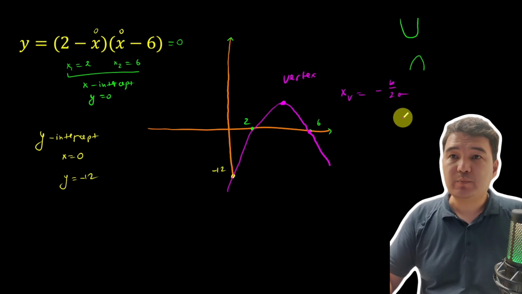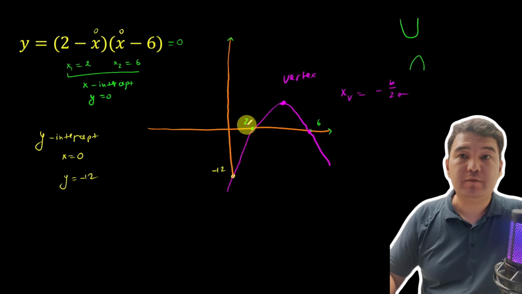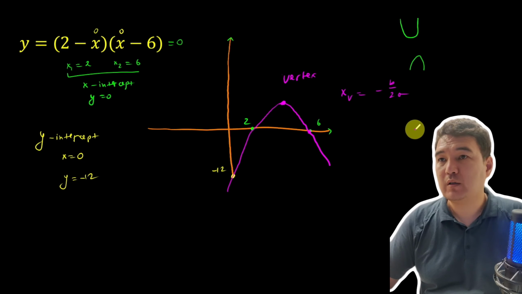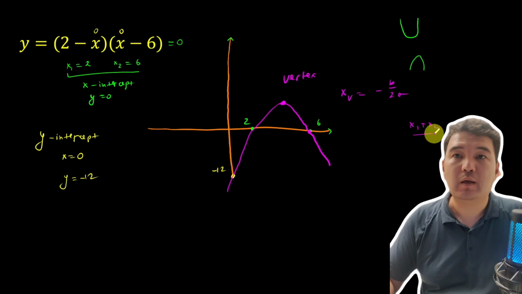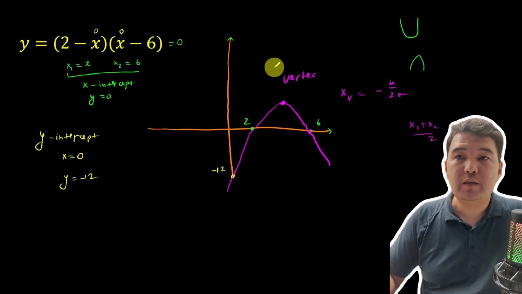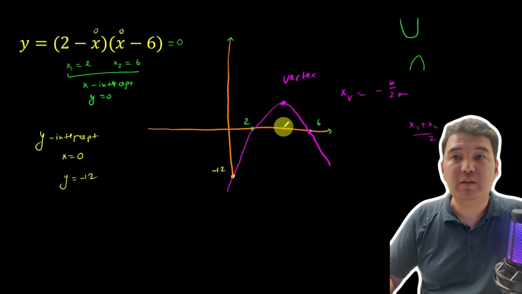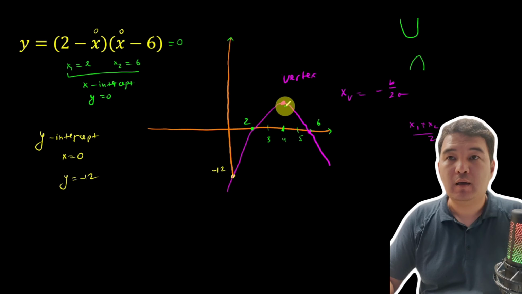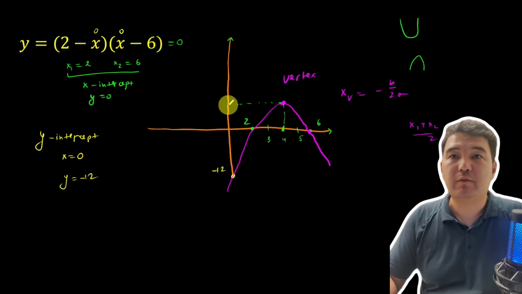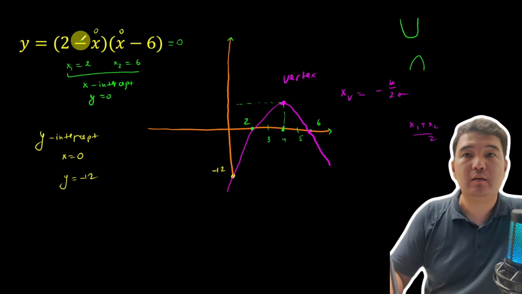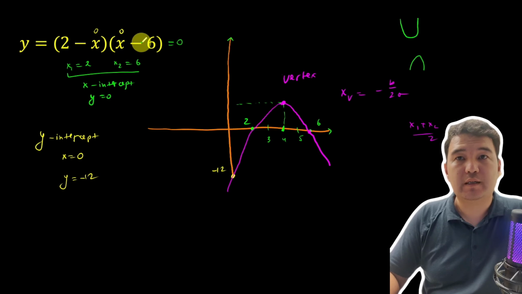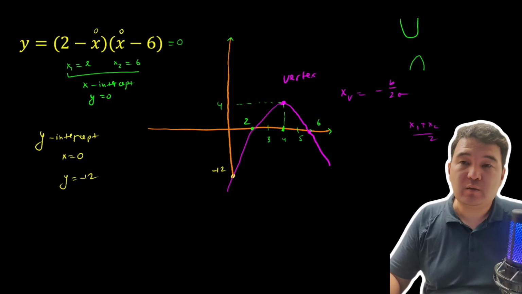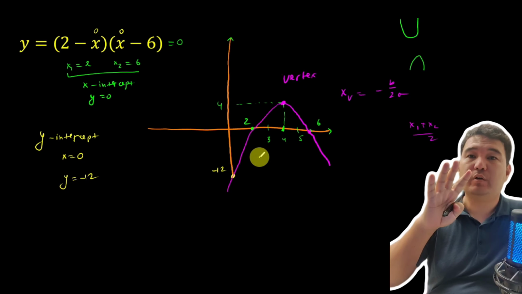Or the vertex point is in the middle of the 2 roots, so x1 plus x2 over 2. We have 2 here and 6 here; in the middle we have 4. So the x coordinate of this is 4. To find the y coordinate, you can plug 4 into this equation and get 4 minus 2 times 4 minus 6, so that's also 4.